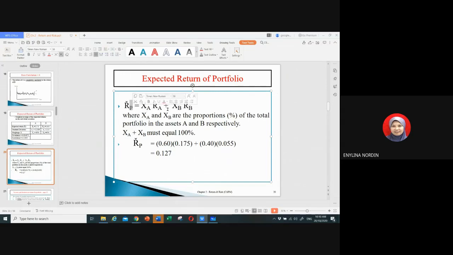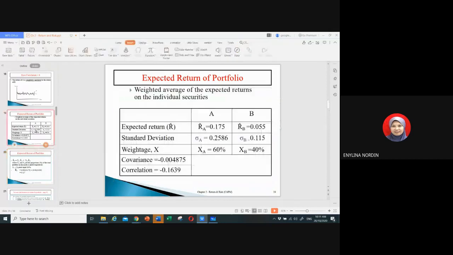So therefore, we put P, and then equals weightage in stock A, weightage in stock B. Weightage of stock A you multiply by expected returns of stock A, and weightage in stock B you multiply by expected returns of stock B. So this is the weightage just now, 60-40.